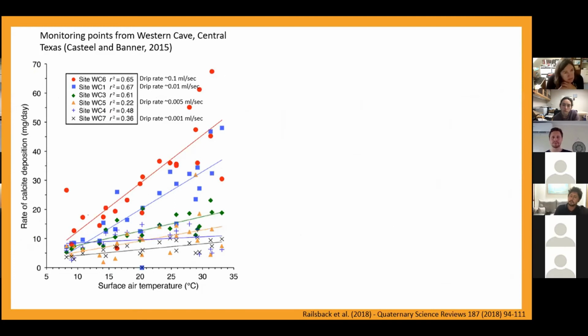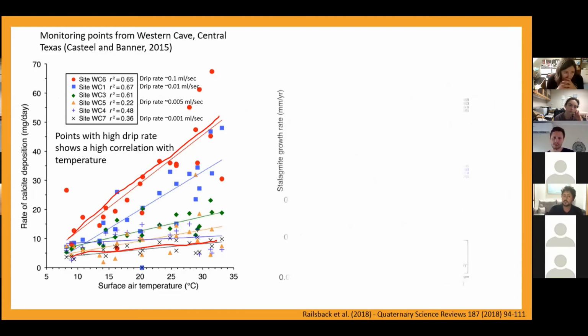But the relationship between surface temperature and calcite deposition varies a lot. And it's also a function of the dripping rate. Usually with fast dripping rate, we see a higher variation of temperature modulating a higher degree of dependence between calcite and temperature. And for slow dripping rate, this variation is not that high.